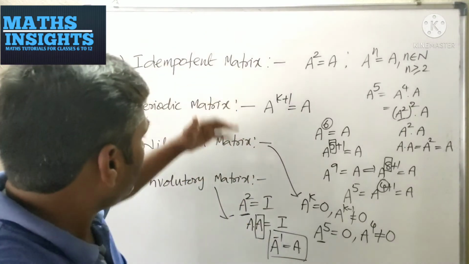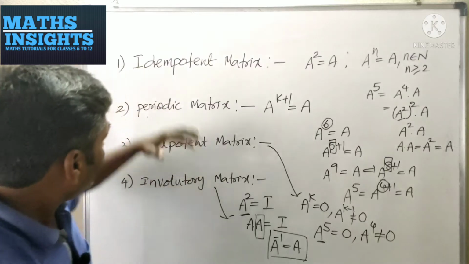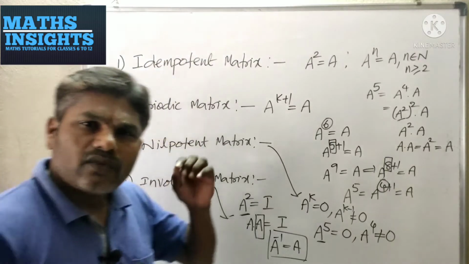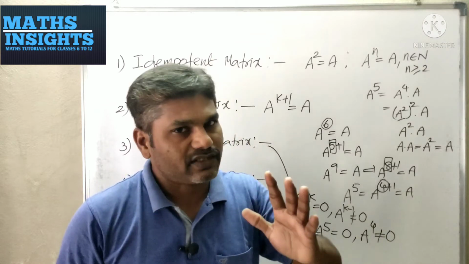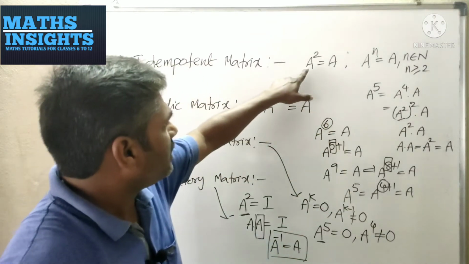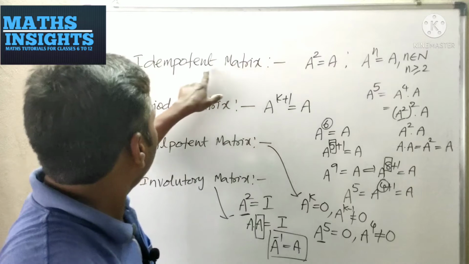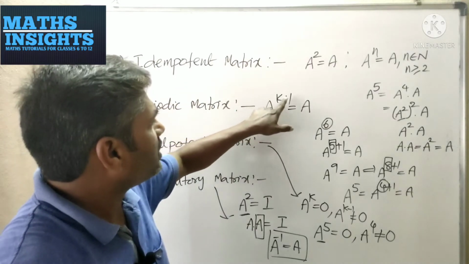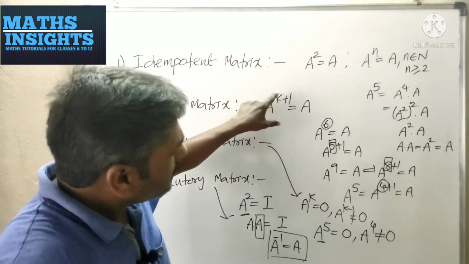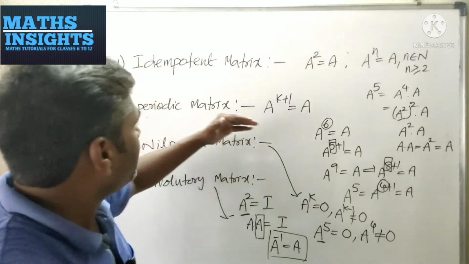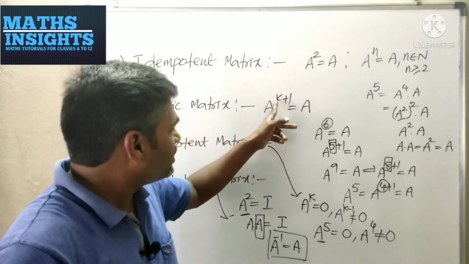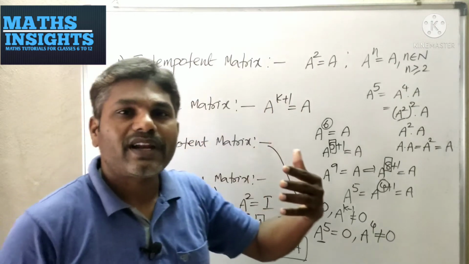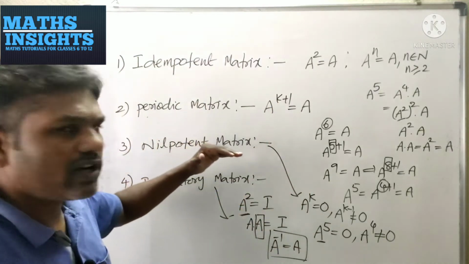So these are the 4 types of matrices. In all these cases, whatever the matrix you are taking, that must be a square matrix. So first one is A square is equal to A, then idempotent. A power k plus 1 is equal to A, then A is called periodic matrix, where if k is the least one, then k is said to be the period of the matrix A. Third one is nilpotent matrix.